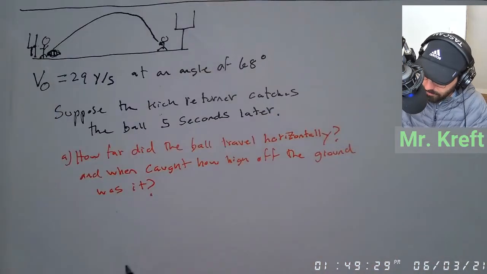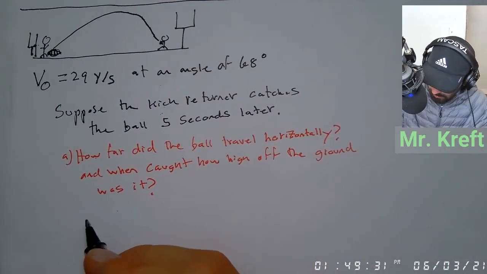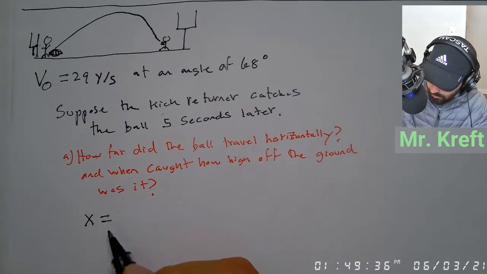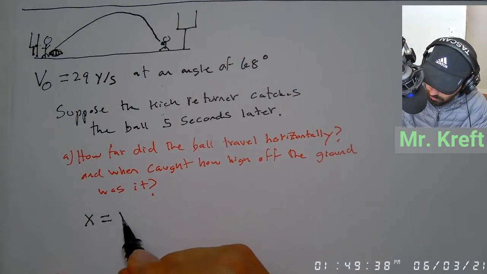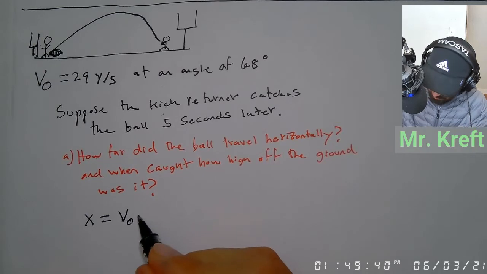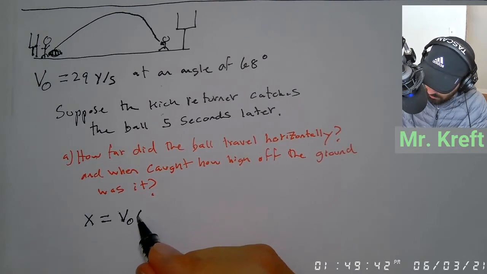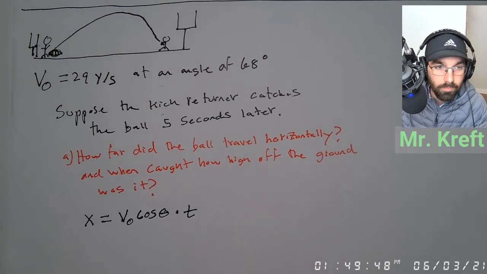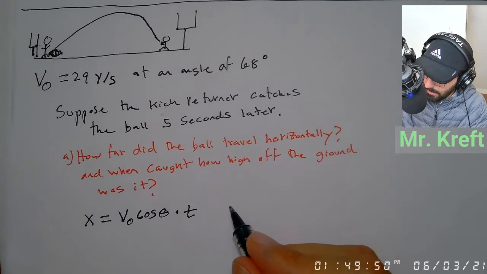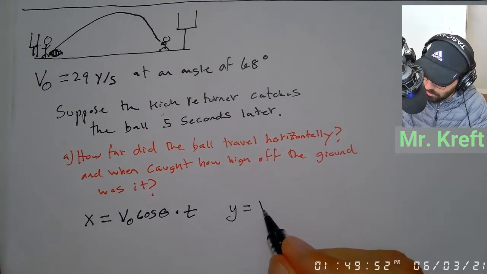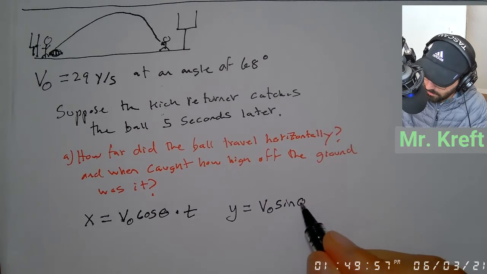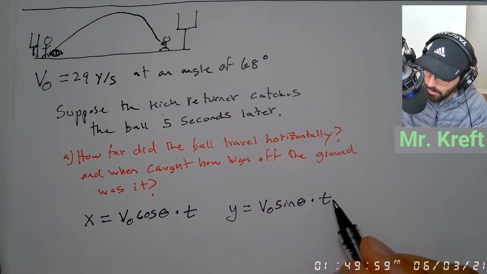Well, right off the bat, we already know that x is going to be my initial velocity, right? Cosine of theta times time. And we know that my y is going to be my initial velocity times sine of theta times time.